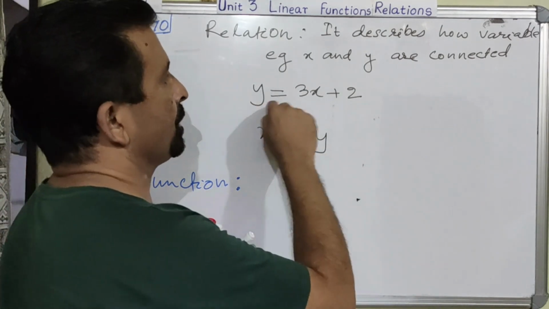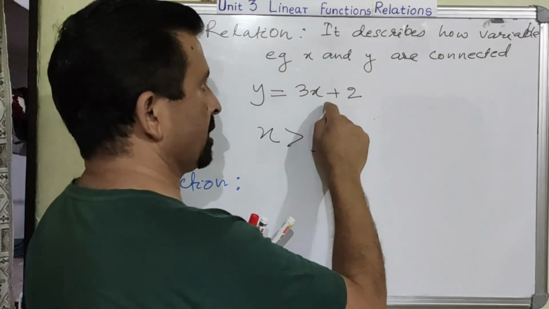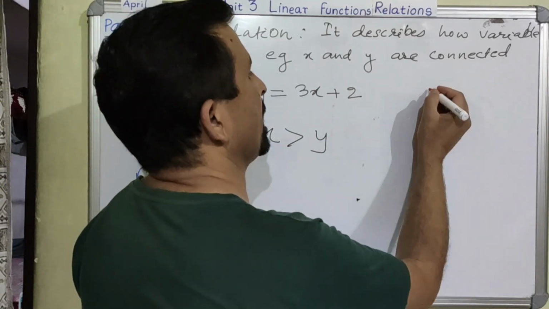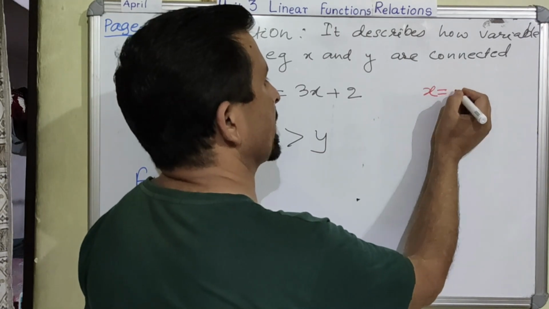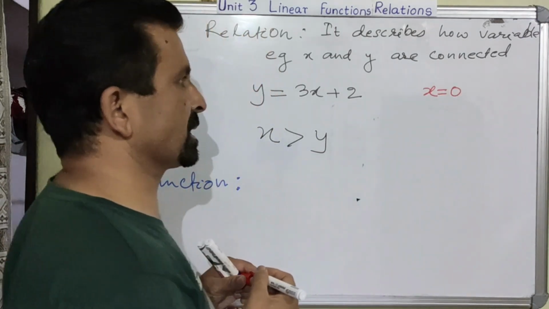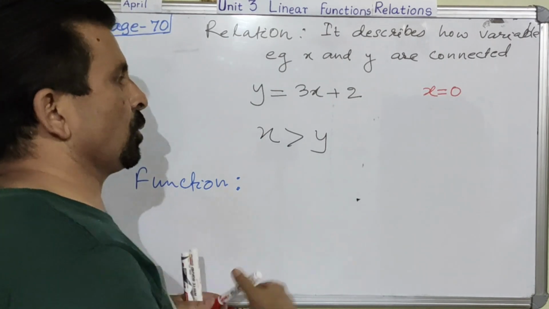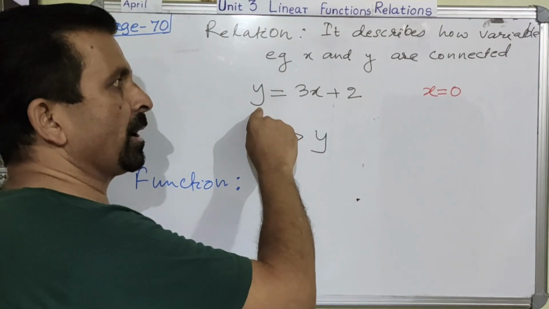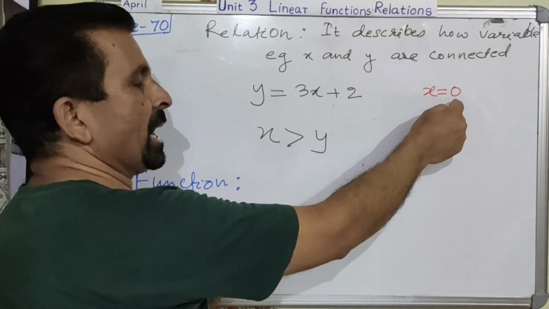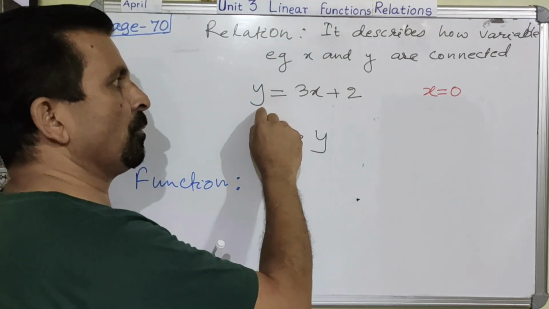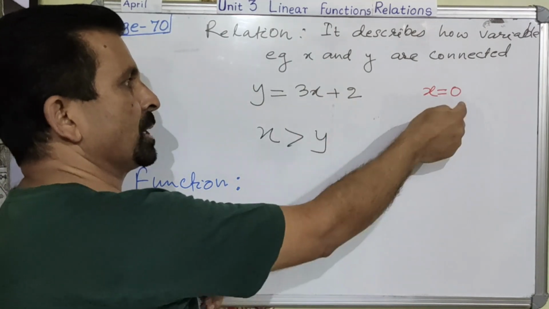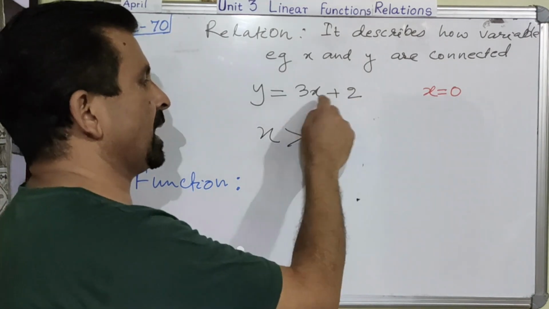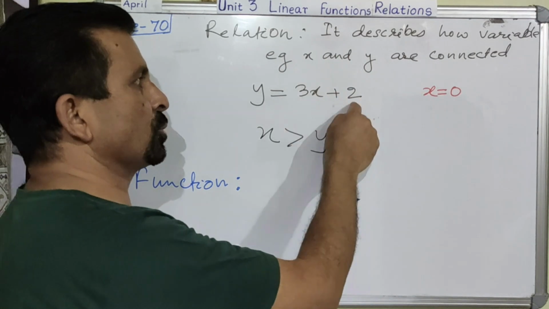First of all, for this equation, you take a value of x. Suppose x is equal to 0. Any value of x we can take. When you take x equal to 0, you will have a corresponding value of y, which you can calculate by putting the value of x in this equation. 3 into 0 is 0, 0 plus 2 is 2.